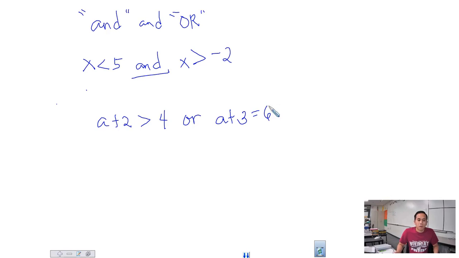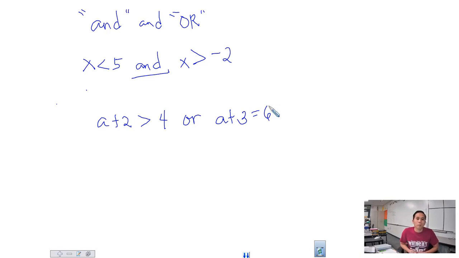Another difference is that for the word and, both must be true. For the word or, either one, or both of them, must be true.